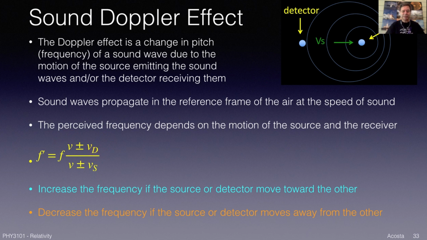And you choose the opposite case if the source or detector are moving away from each other. Detector's moving away, the frequency goes down, I would choose a minus in the numerator. If it's the source that's moving away, I would choose a plus because both of those will give me a lower frequency f prime. Okay, that was for sound.